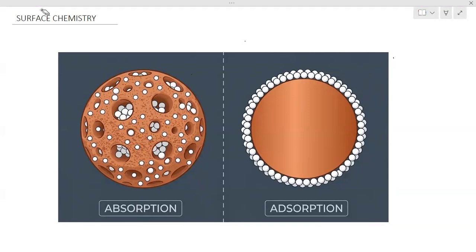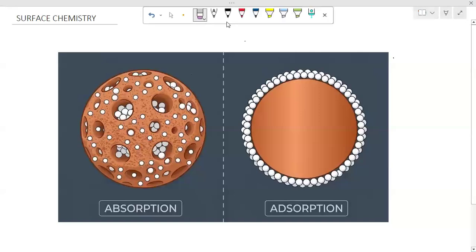Surface Chemistry. Now see, this is one of the easiest chapters in physical chemistry, but it's also one of the most important chapters from an exam perspective. Let's say you're targeting the CSIR exam. You can expect a minimum of 4 to a maximum of 6 marks from this module.